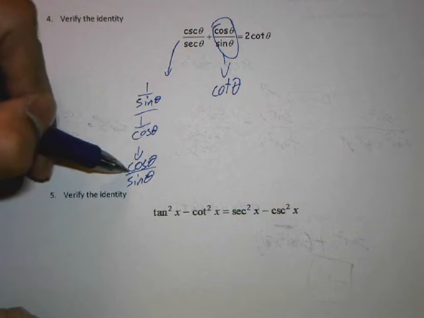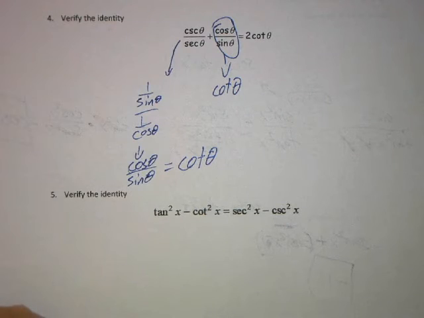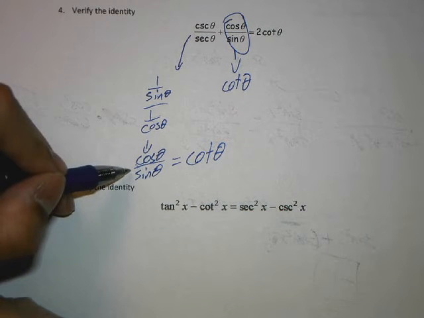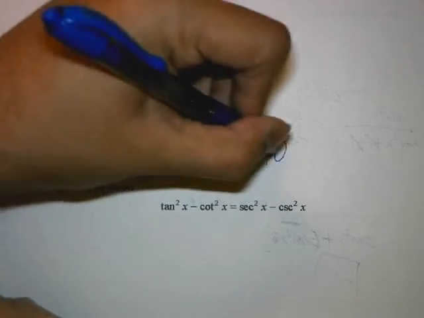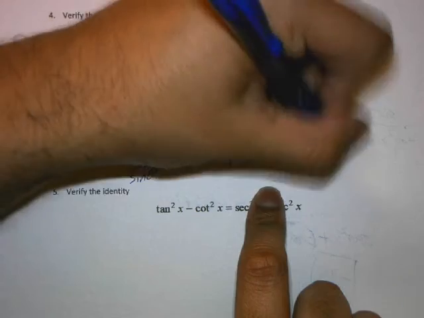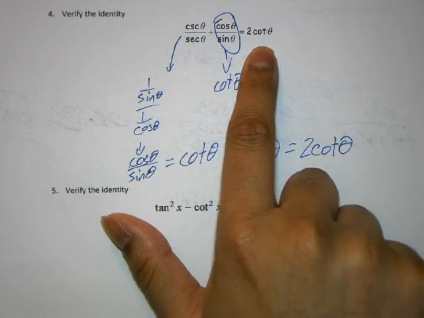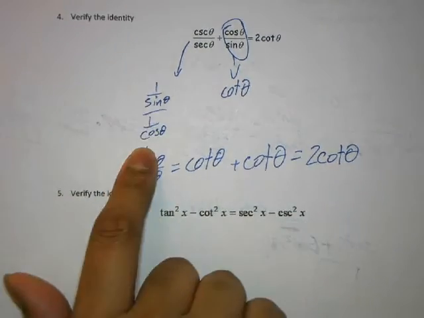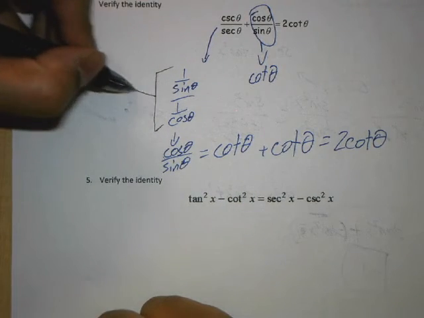Now, cosine over sine, we said that was cotangent theta, based on my tangent and cotangent identity. And then that's another one, so plus cotangent theta. Cotangent plus cotangent is obviously 2 cotangents, and that's my verified identity. So the complex part is right here. If you're not sure what I'm doing there, let's take an aside for a moment and work that out.